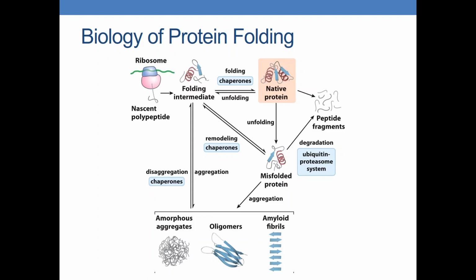Instead of trying to just basically scratch this thing and start over, it is energetically more efficient to try to refold it first before you degrade. So when we talk about the potential fates here, if we have a misfolded protein, we're more than likely first going to try to take it back to the folding intermediate, which then goes to the native state, before we decide to degrade to peptide fragments.